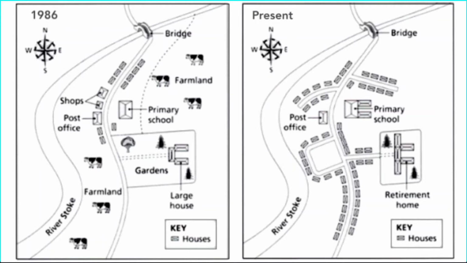Now, I'm going to give you some vocabulary items in the form of verbs to describe the changes in buildings. For example, some particular words can be used for describing the changes in the buildings.